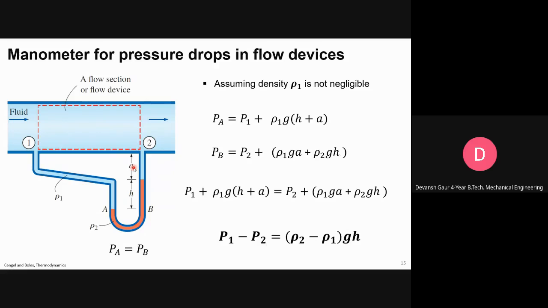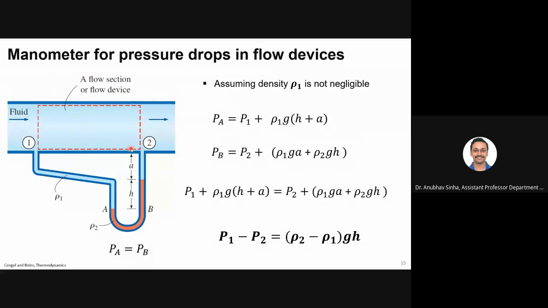Sir, by Bernoulli's equation, a pressure difference should need the area to vary, or the height to vary, but at points 1 and 2 both are the same. Okay, sorry, we are referring to dynamic pressure here. If I want to give more explanation, I need to add some more figures, so maybe next class I will talk in more detail.